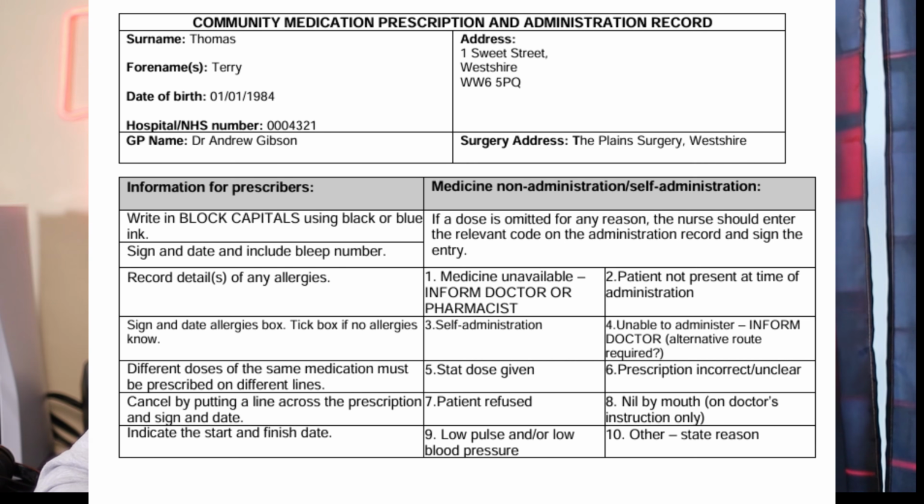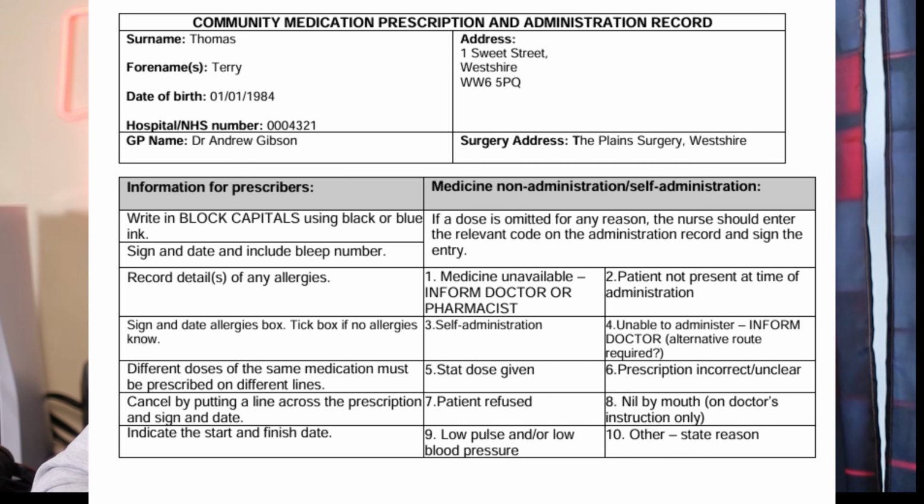Now let's look at the various codes that we have from code number 1 to code number 10. As you can see on your screen, we have code number 1, which says medicine unavailable, inform the doctor or the pharmacist. Then we have code number 2, which is patient is off the ward. We have code number 3, which is self-administration. Code number 4 is unable to administer, inform the doctor, in brackets, alternative route required. Code number 5 states start dose given.